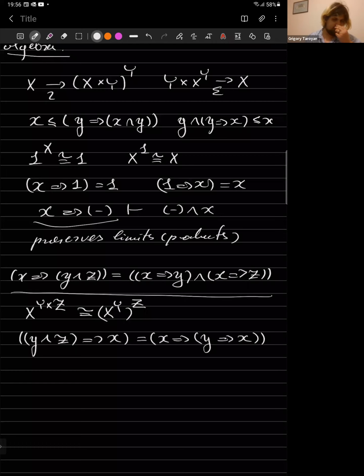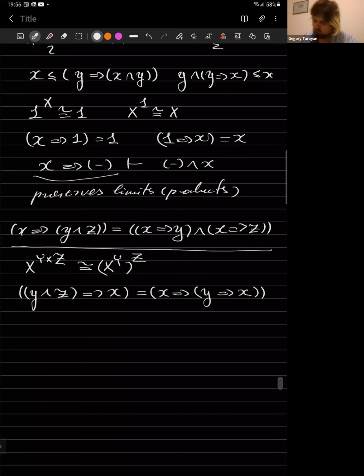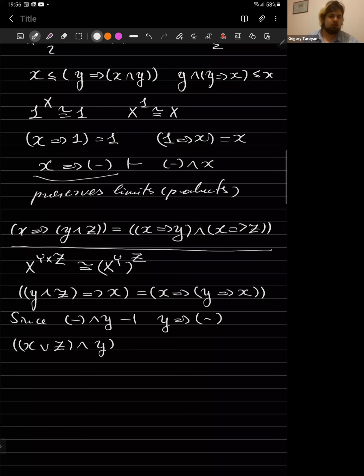And obviously, we can use the fact that the product is now a left adjoint to obtain the following. So we have an adjunction, and so it preserves all coproducts. In particular, we have distributivity. So that's a property of Heyting algebras, which follows from the existence of exponentials.